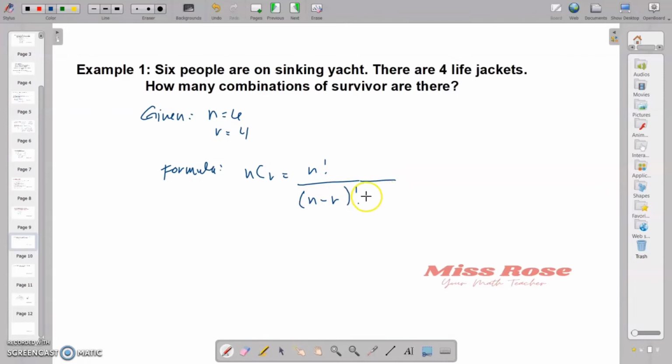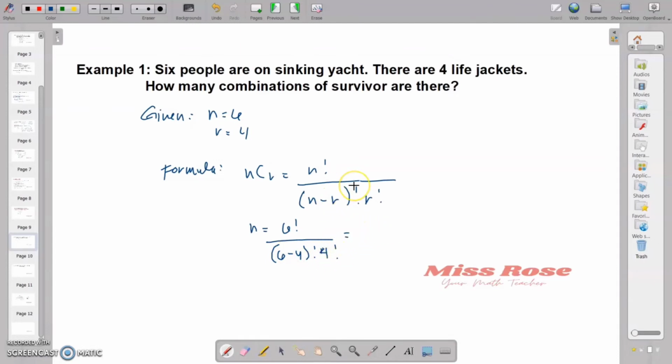So n equals 6 factorial over 6 minus 4 factorial, and r is 4 factorial.